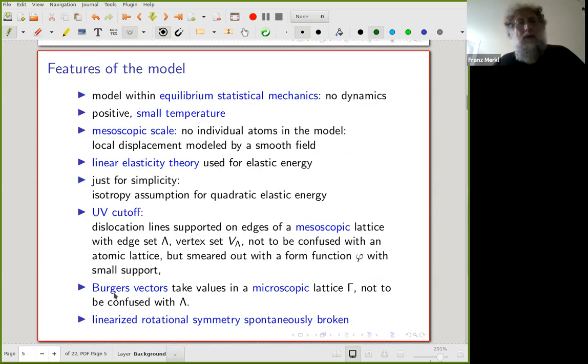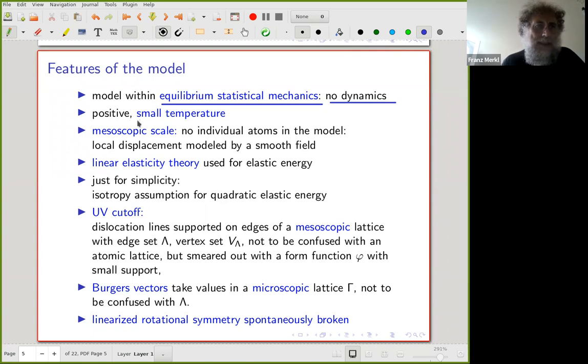Okay, now before I start to define the model formally, let me describe what its basic features are. As I mentioned, it's a model in equilibrium statistical mechanics. There's no dynamics and there's no non-equilibrium in the model. Of course, real solids hardly ever are in complete thermal equilibrium, so it's a very idealistic model, if you like.